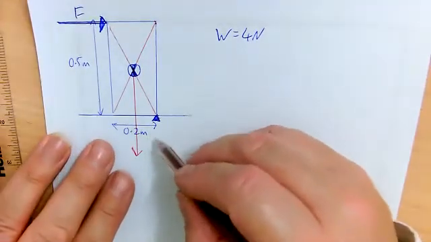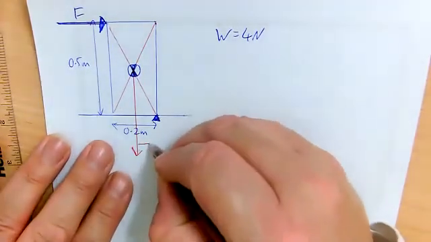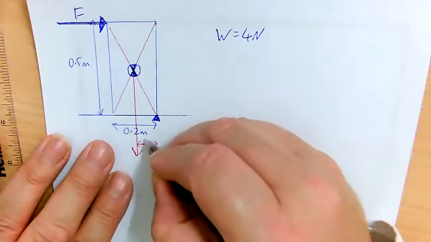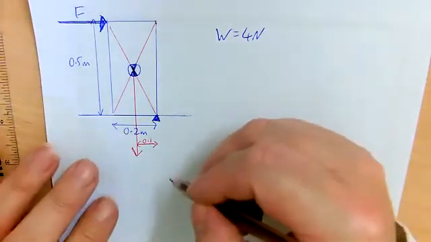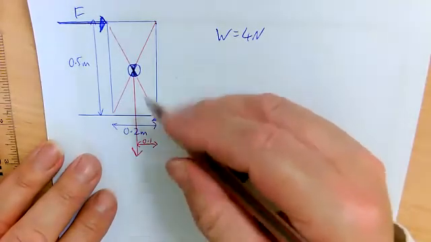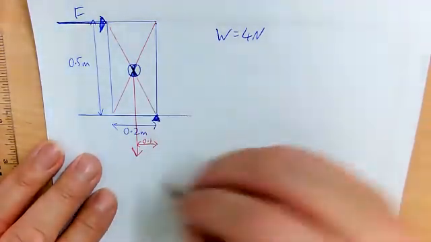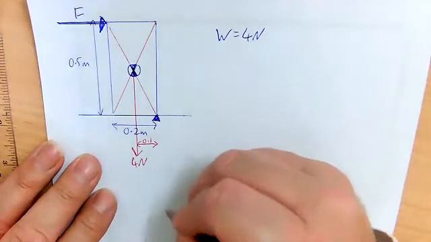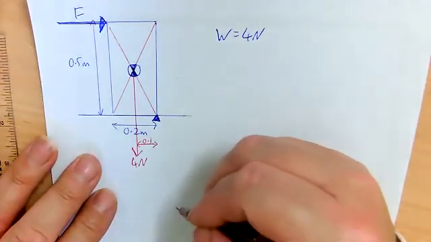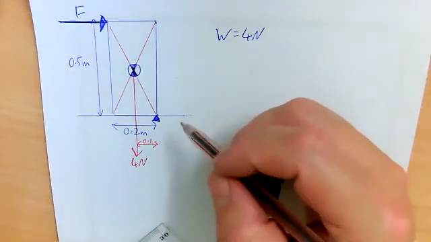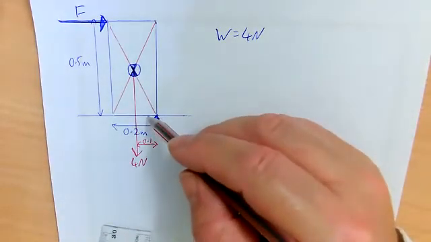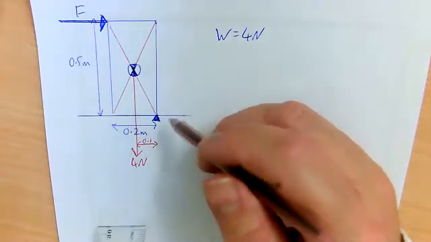Now, if it's uniform, then we know that that distance is going to be 0.1 meters. If it's a uniform material, the center of gravity will be in the middle. And that's going to be 4 newtons, the weight of the block, the weight of the piece of wood. Now, if I wanted to push that, I would need to overcome the moment created by this weight about this pivot.